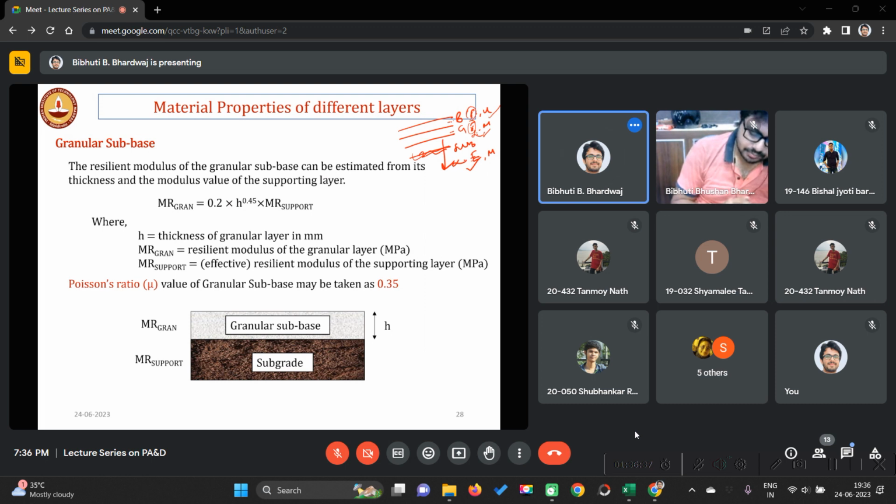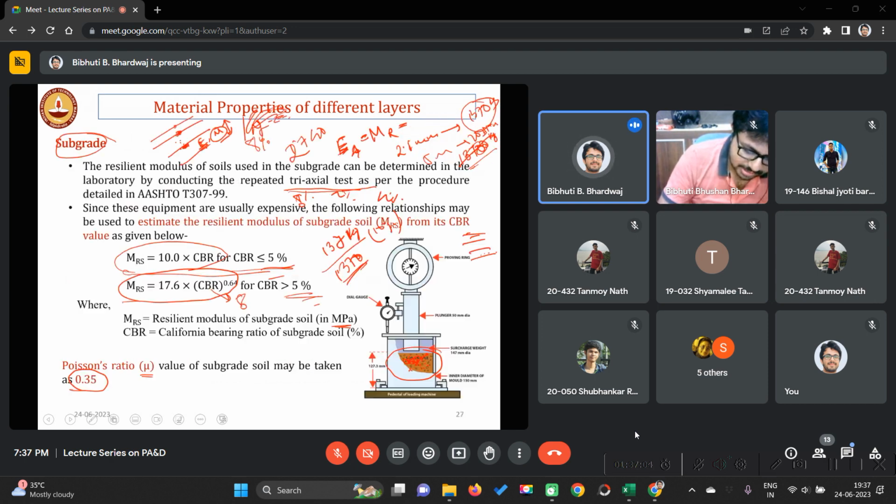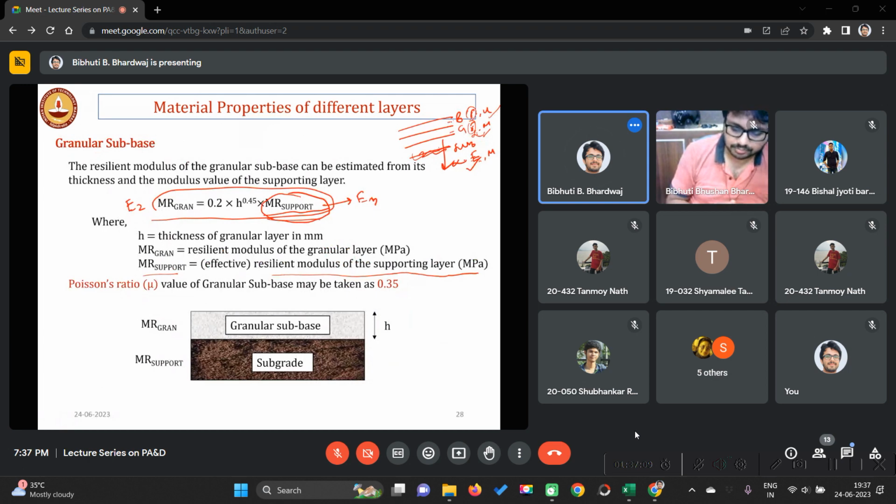All right, so E1 and E2, let's see how to calculate E2. In order to calculate E2 we use this formula. If you look at the formula, this is MR support, that means this is your E3, basically the subgrade support. So this is MR support, the modulus of the supporting layer. In this case the supporting layer is subgrade.